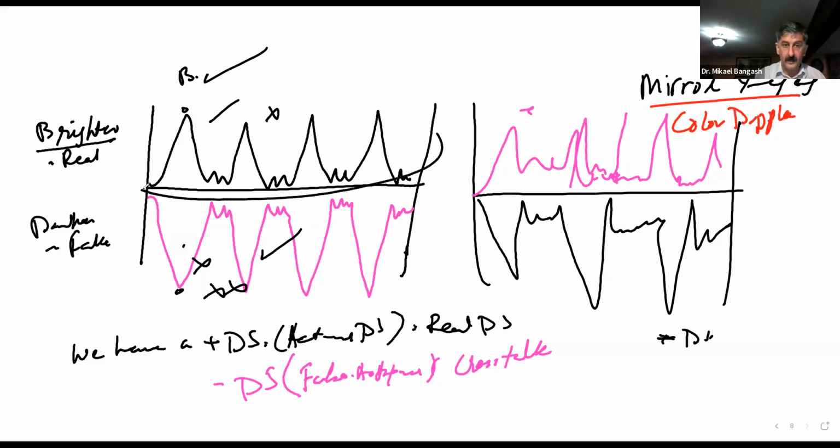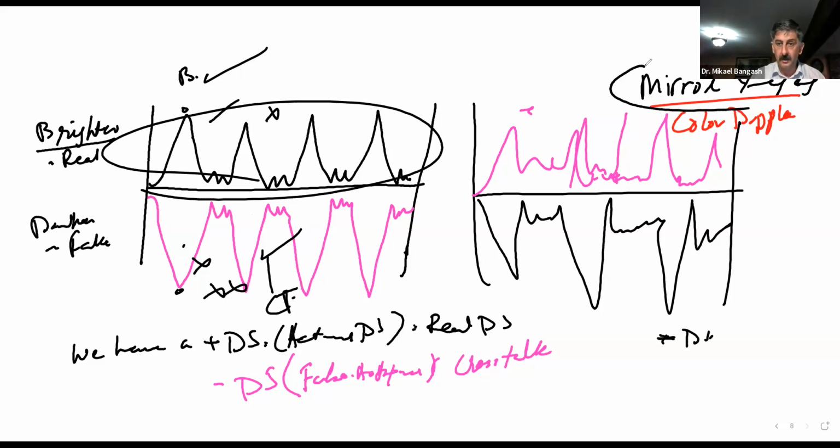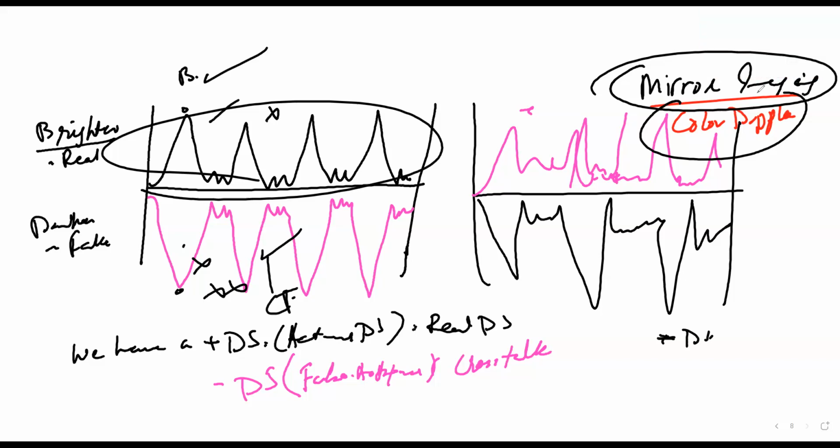So you can say we have a positive Doppler shift, and this one here is just crosstalk, or what in regular diagnostic imaging we call mirror imaging. That's what we also call it in color Doppler. Is that clear? Yes, it is.